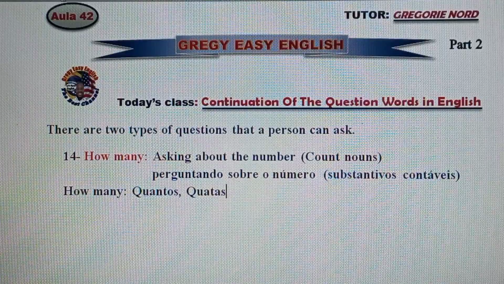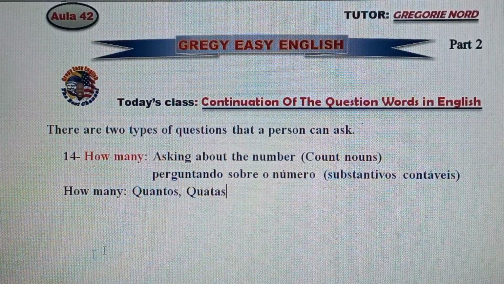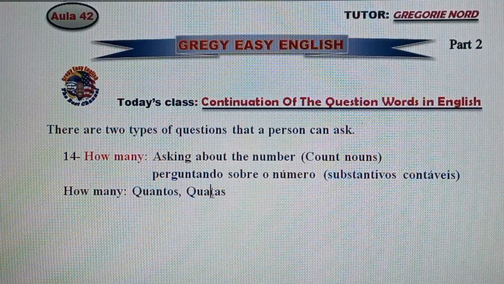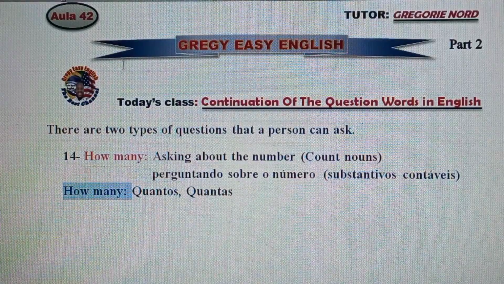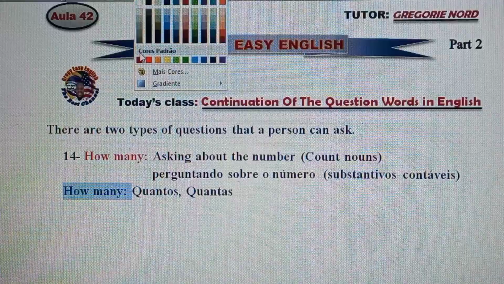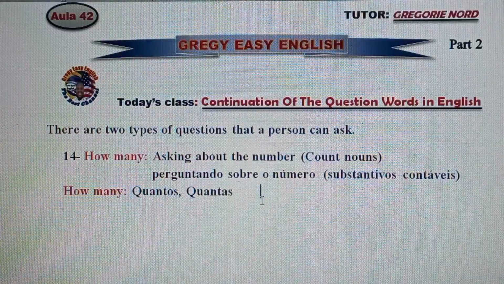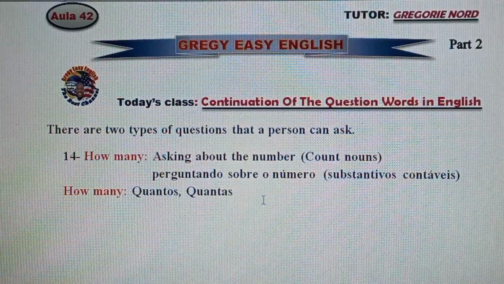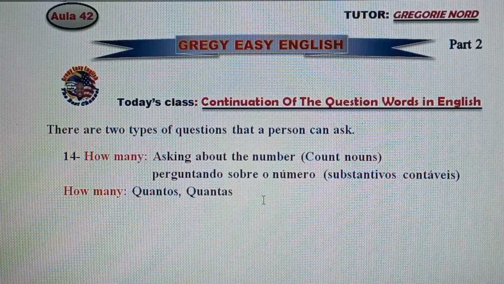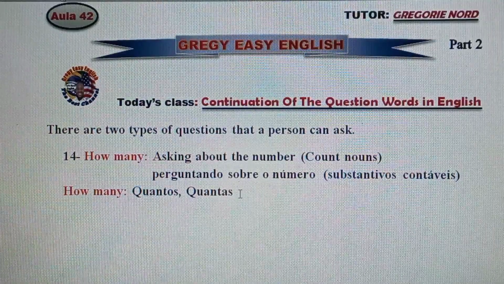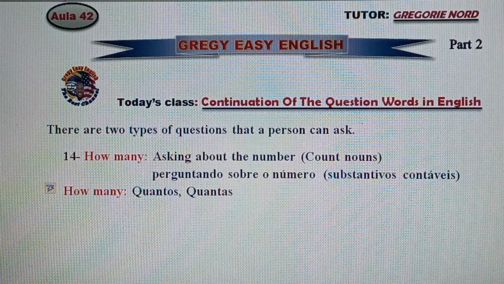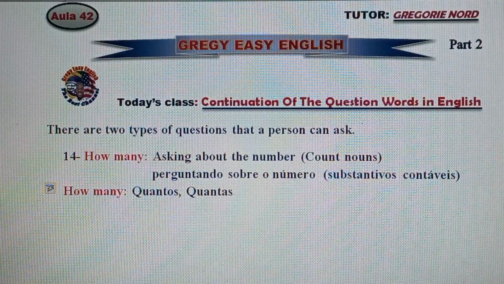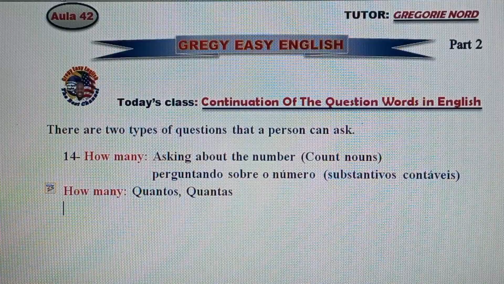How many significa quantos. How many significa quantas. How many asking about the number, but this time it is count nouns. Okay, guys. Now, let's have an example with how many.